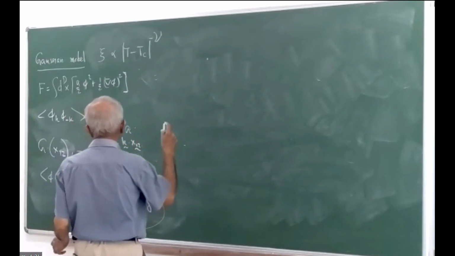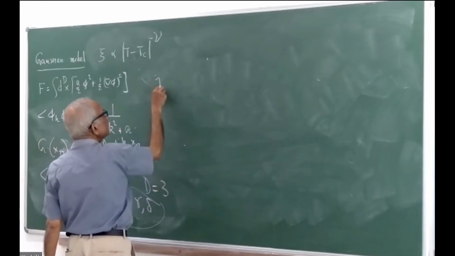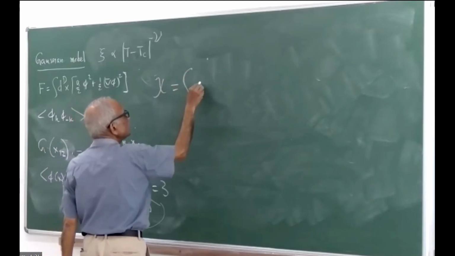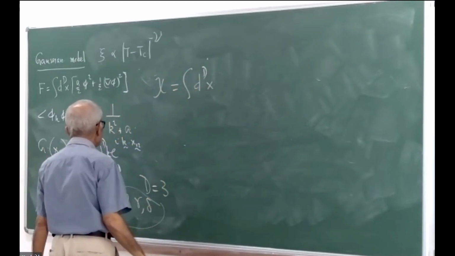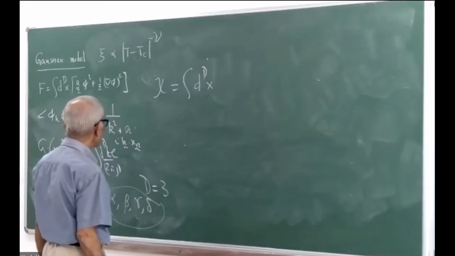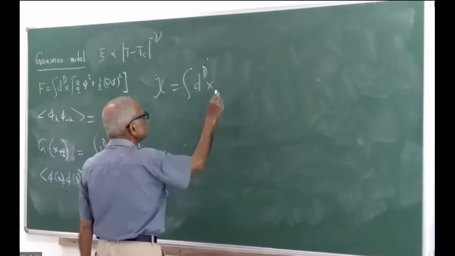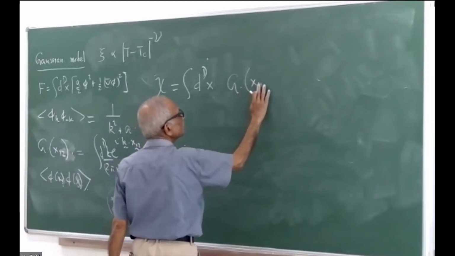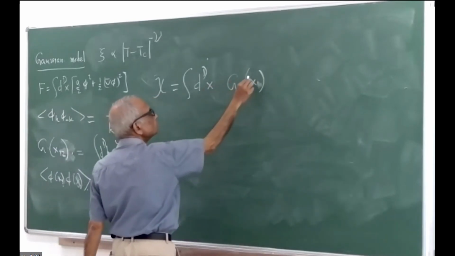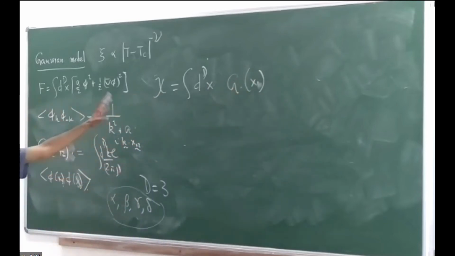The susceptibility is the integral d^d x, and this integration is over the correlation function g of mod x, right? So chi is this integral which is over this.